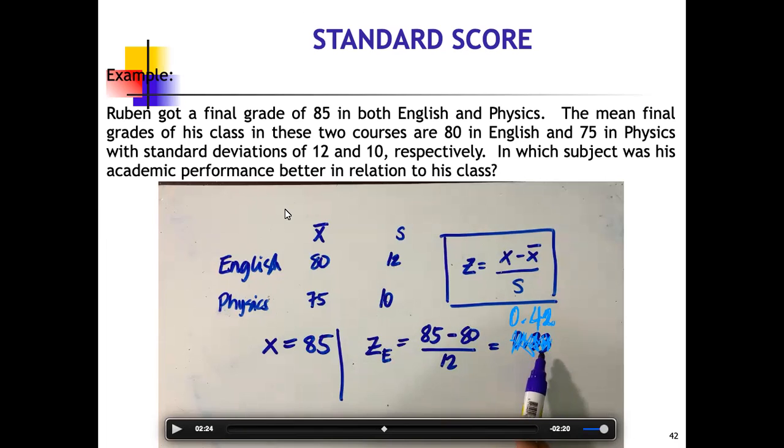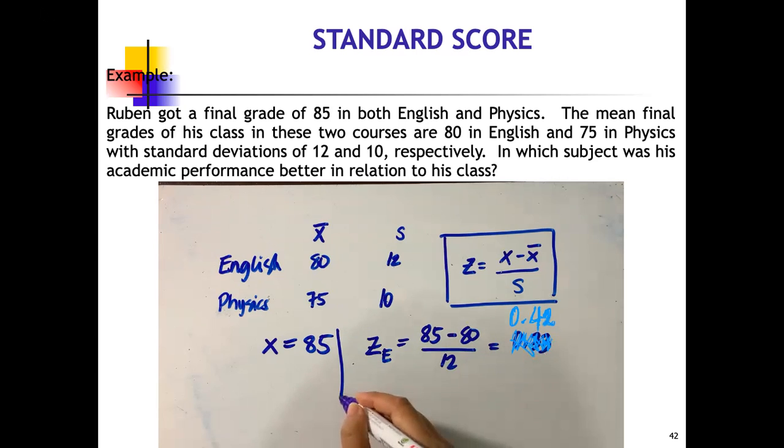Instead of saying 0.33 standard deviations above the mean, what should be indicated here is that his grade of 85 in English is actually 0.42 standard deviations above the mean, above the mean grade of his class, which in this case is 80. All right, we will go back to the interpretation in a while.